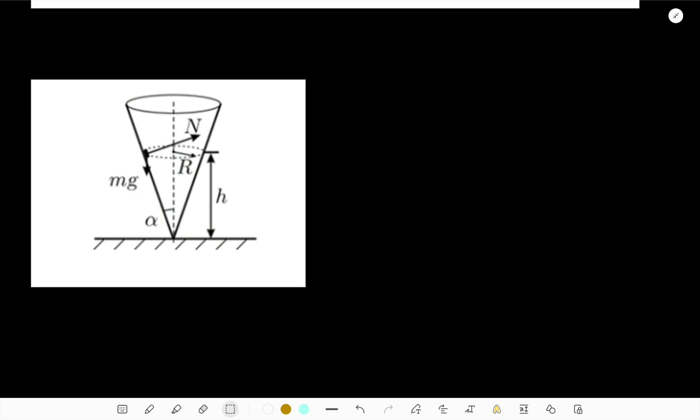And I would like to write the equations of this small block as the projections on the vertical and radial direction, because they are basically moving in a horizontal plane, and all the vertical forces acting on it are simply balancing each other.